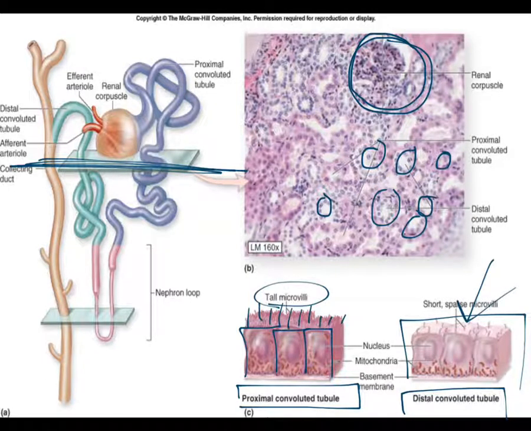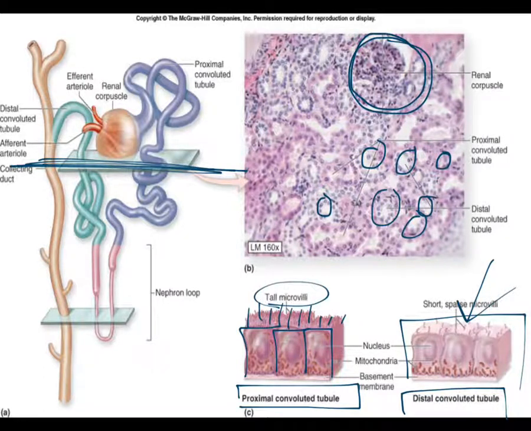Not very many hairs up there. So we see very few microvilli, because what's the job of the distal convoluted tubule? It is not reabsorption, so we don't need as much microvilli. There, the job is secretion and hormone control. So we don't need to have the microvilli there.